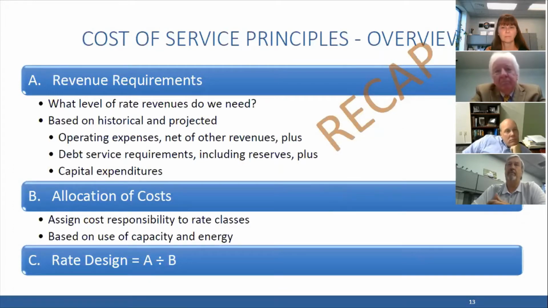And once we have that, we allocate the cost based on usage, which is similar to what customers get billed on. So rate design is simply revenue requirements divided by the billing units.